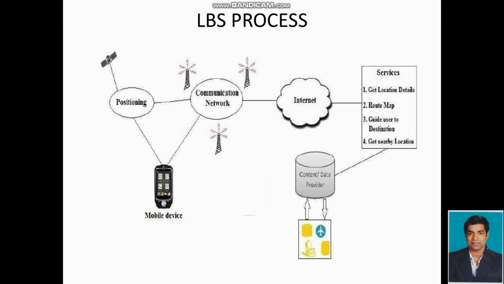This communication network is directly communicating with the internet cloud, and through it we get different services, such as get location details, route map, guide users to destination, get nearby location and so on. These services are extracted from the content data provider. This is how the flow happens in the LBS process.